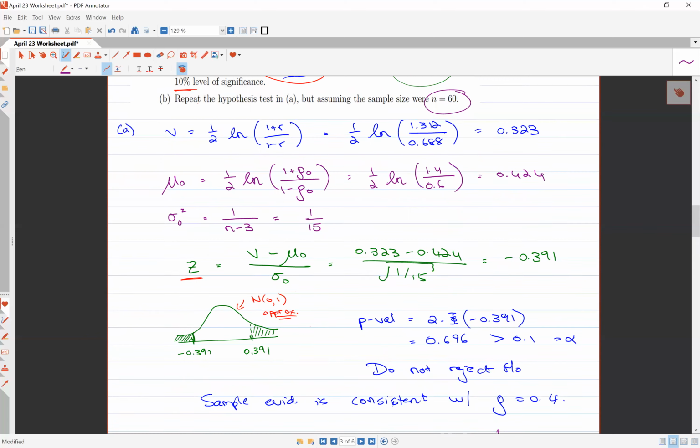But even at a sample size of 60, 0.312 is still reasonably close to 0.4. What it really comes down to is the correlation coefficient is a highly variable quantity, so you need pretty big sample sizes to make definitive statements about what it can or cannot be.